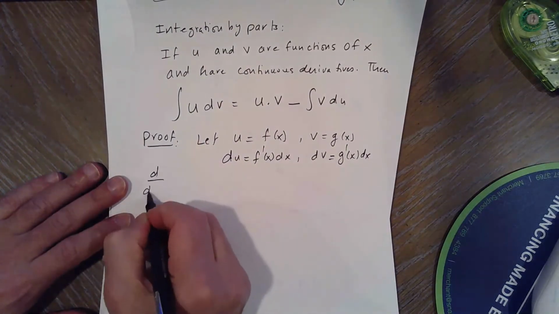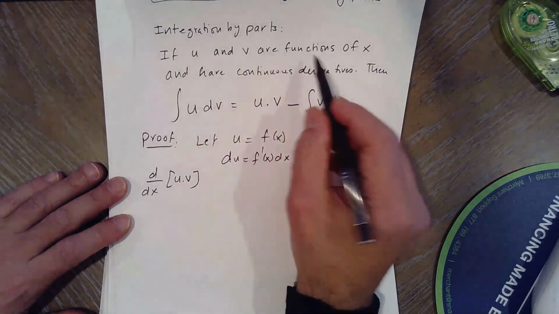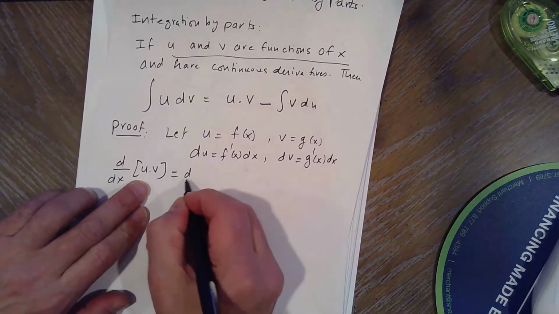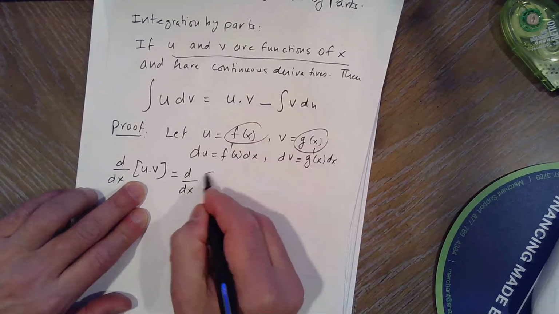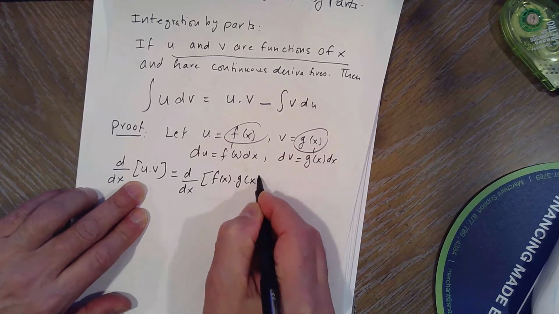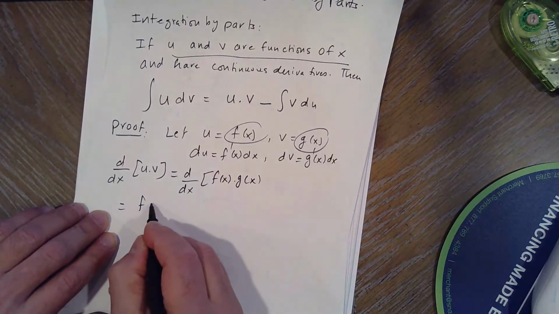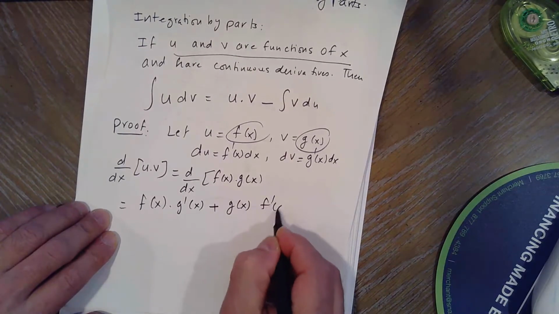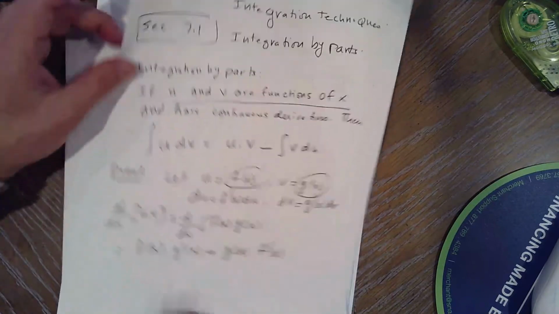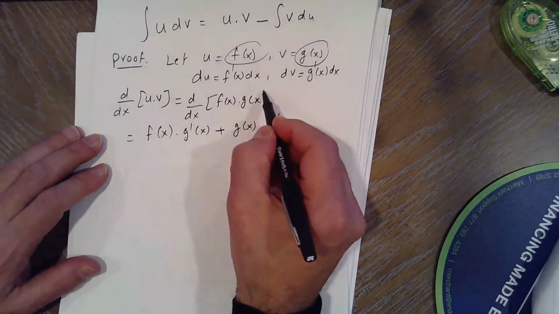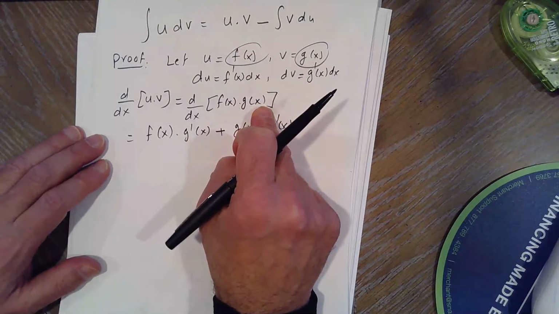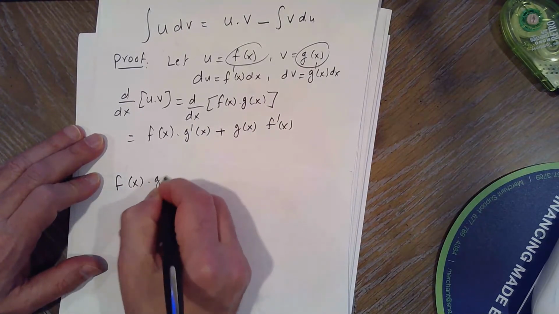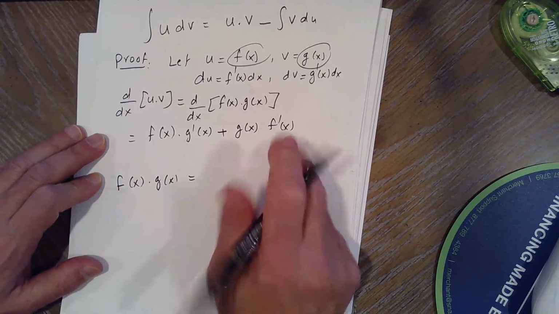Also, if you differentiate with respect to x, u times v, remember u is a function of x and v is a function of x, so the product rule says we're differentiating f times g, and that's the product rule, which is f g prime plus g f prime, which means if the derivative of f times g is this, then f of x times g of x is the integral of this, right?